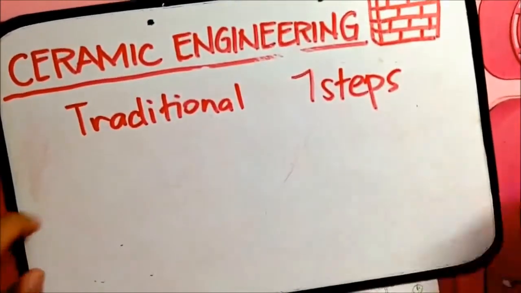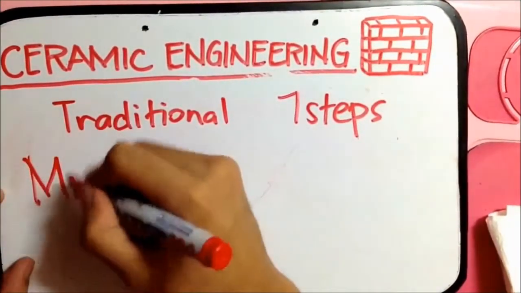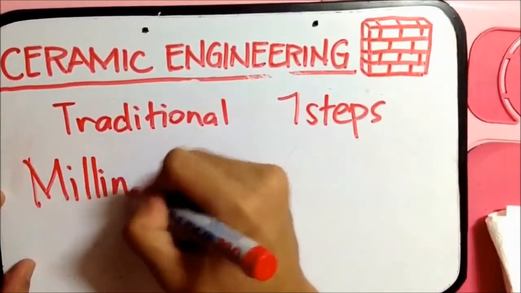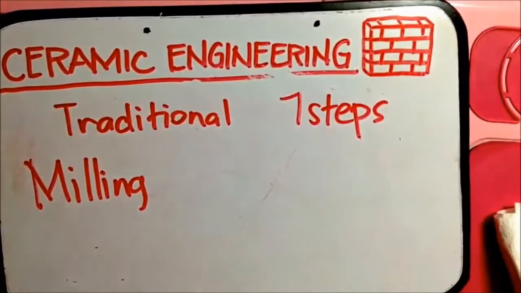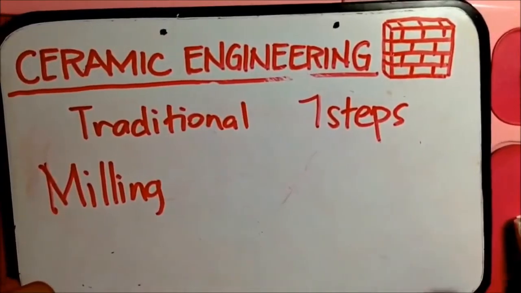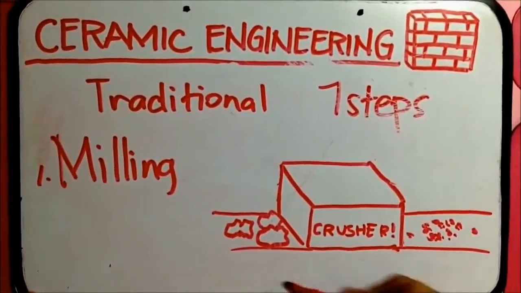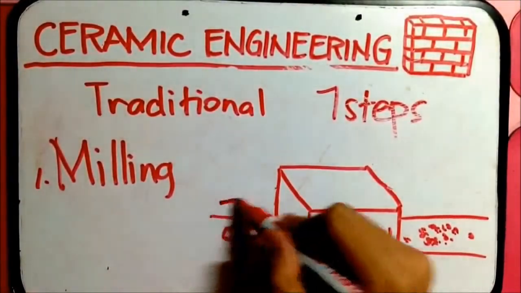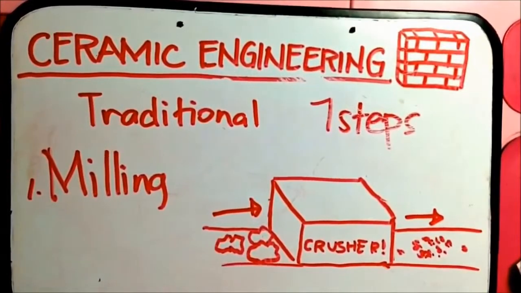So first is milling. What is milling? It is a process by which the raw materials are reduced to smaller size. So the raw materials go here, then come out in finer pieces.